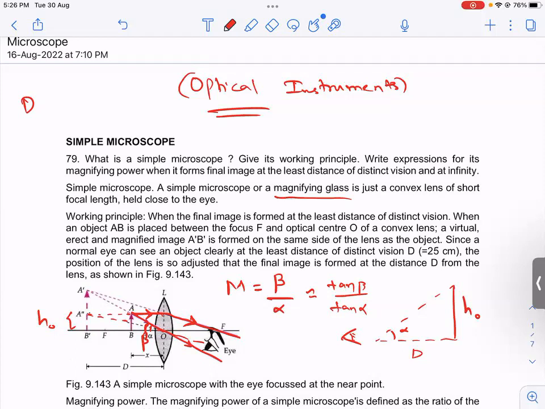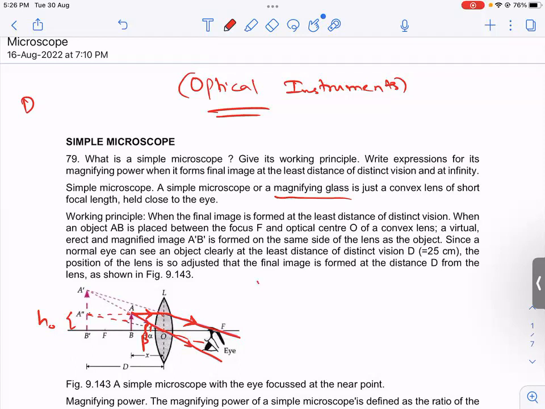You can draw beta alone, but not alpha. Are you guys able to understand this? If you're clear with this, I'll proceed. Shall I proceed? Don't just nod your head. Next class test will go. Clear?